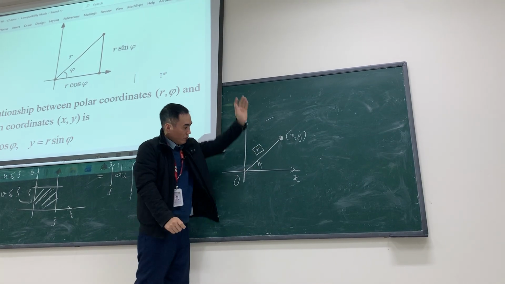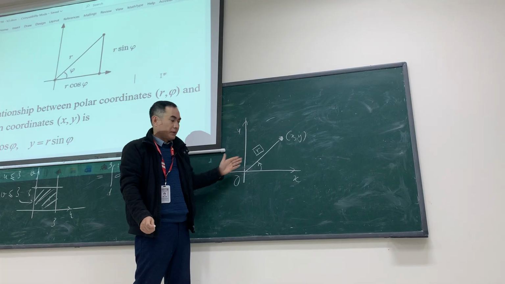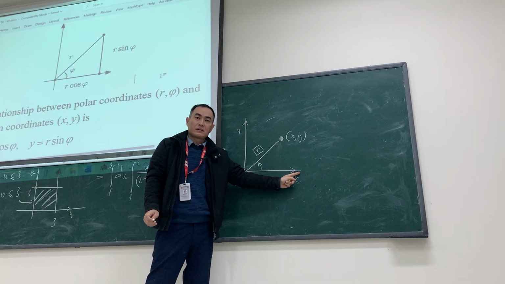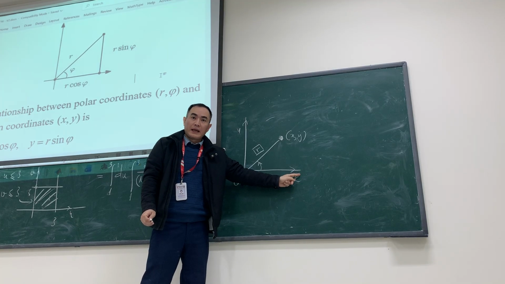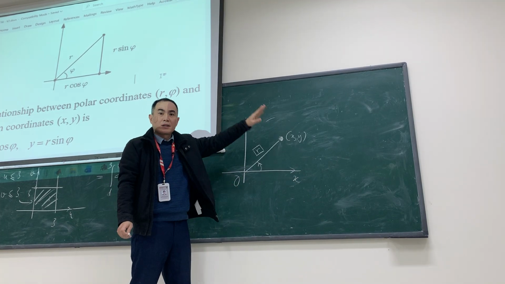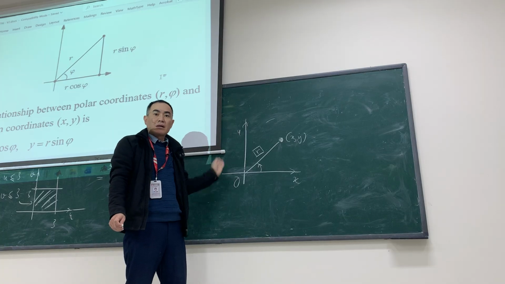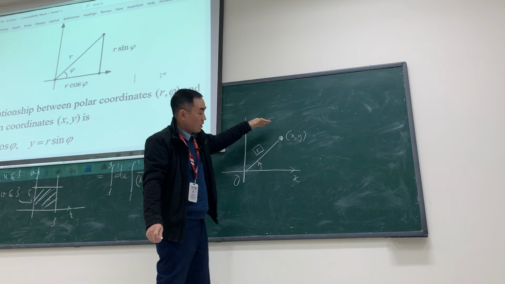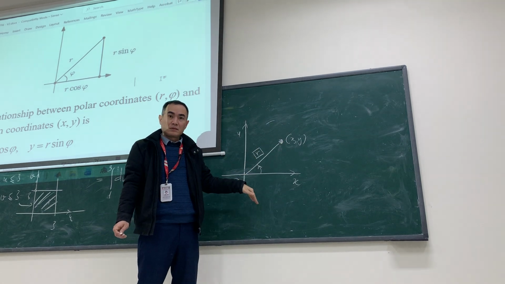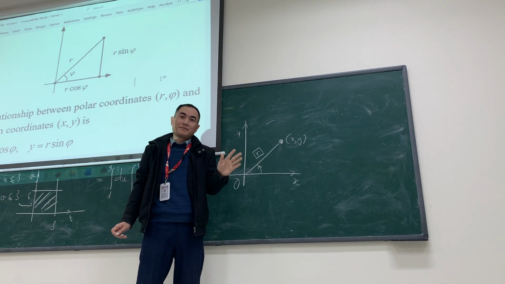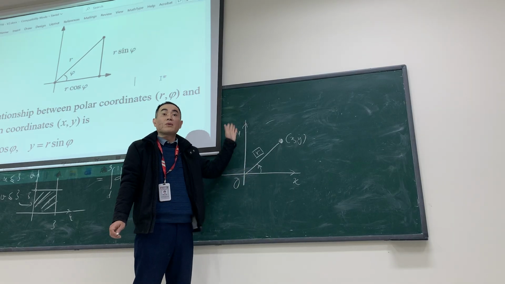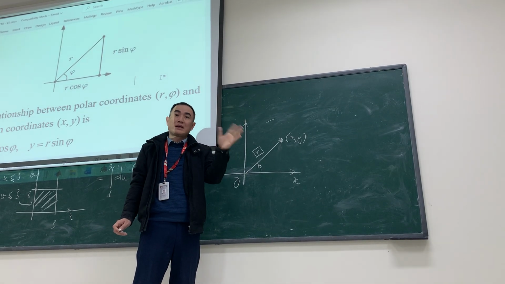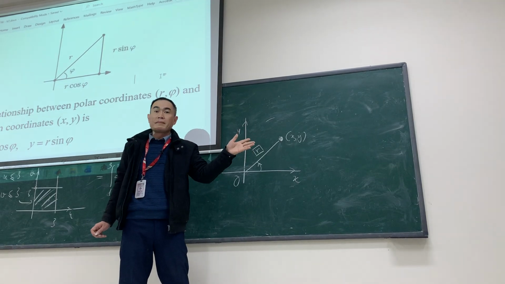Phi refers to the angle between the vector OM and OX, in the counterclockwise direction. Counterclockwise, ngược kim đồng hồ.